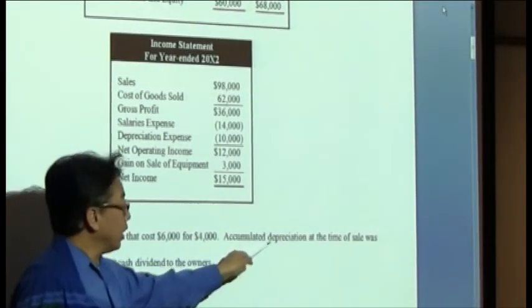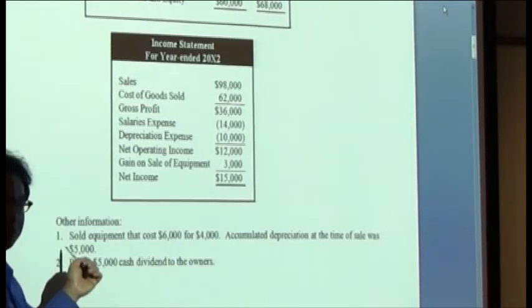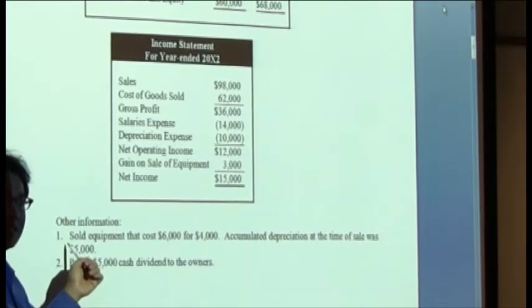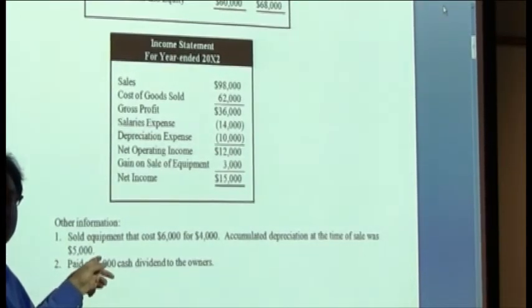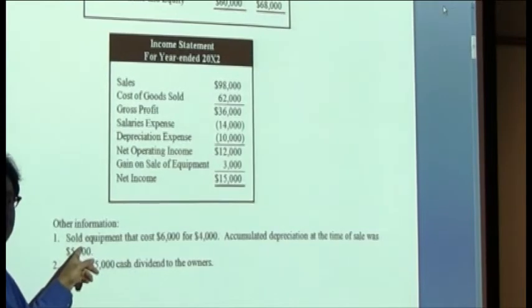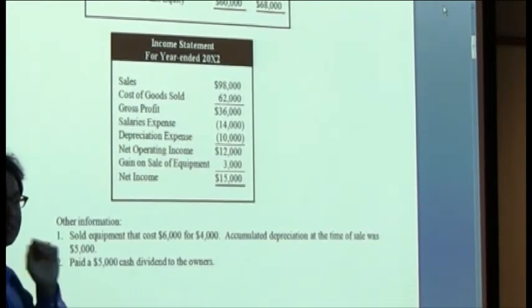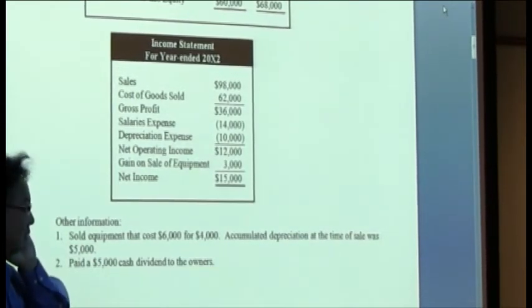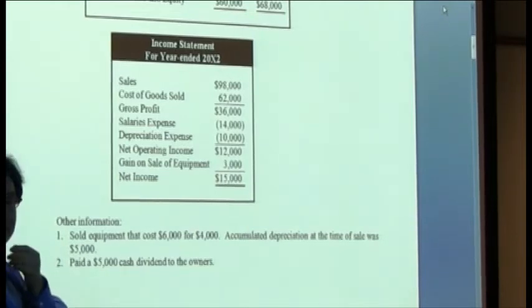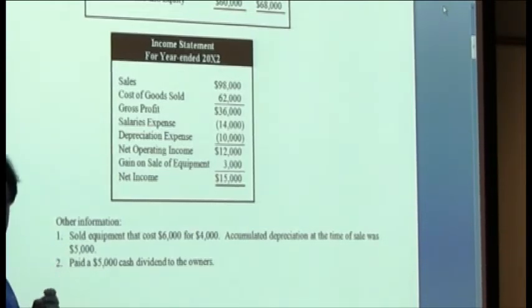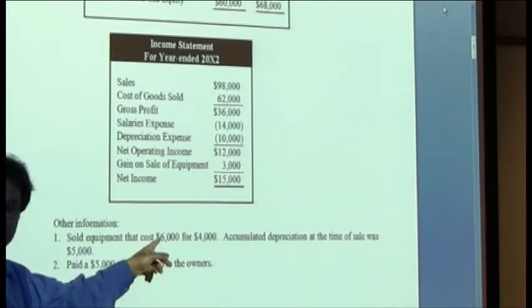Accumulated depreciation at the time of sales was $5,000. Can I ask you a question? What was the book value of that old machine you sold at the time of sales? 1,000. Very good, Joanne. Am I right?